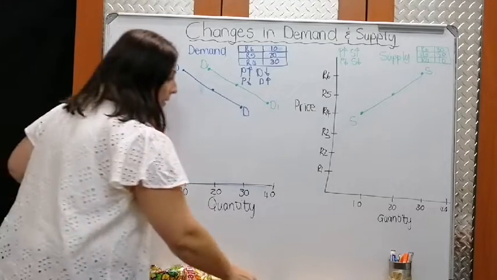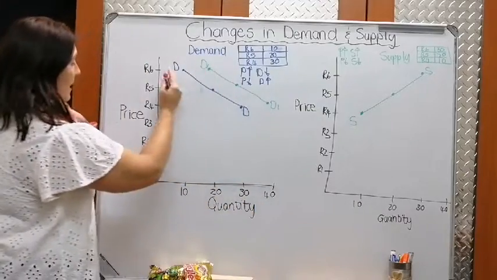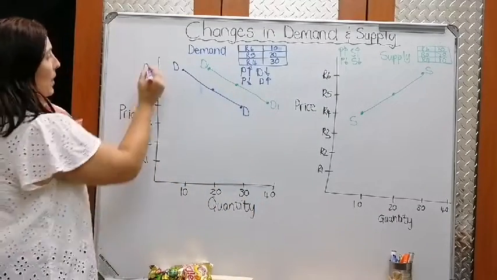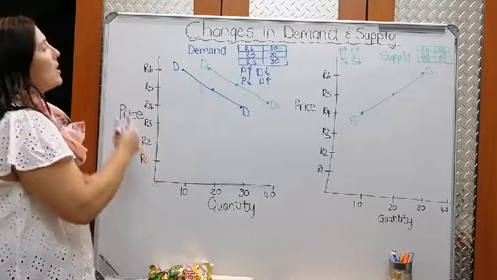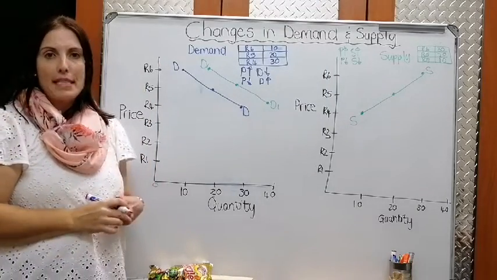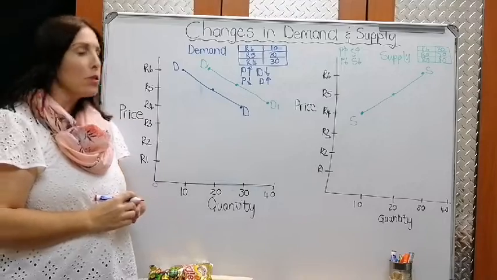So let's just put a 0 there. No student is prepared to pay R6 for that packet of Twiggles chips.